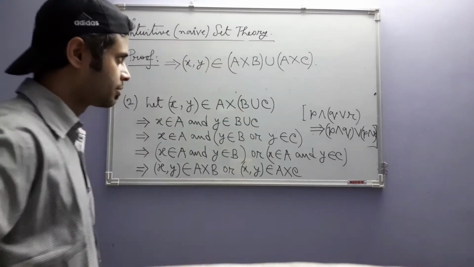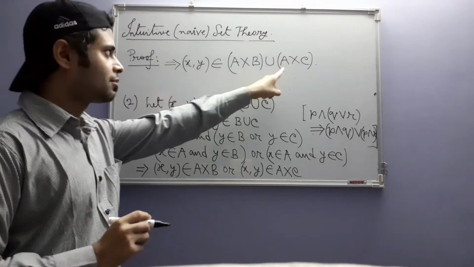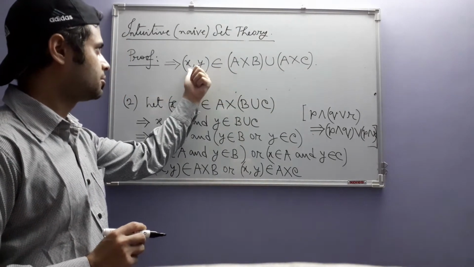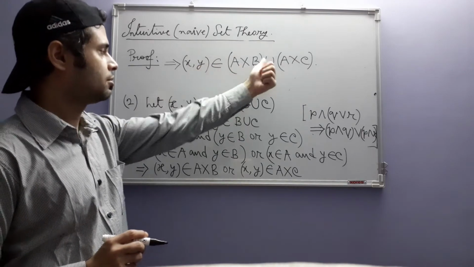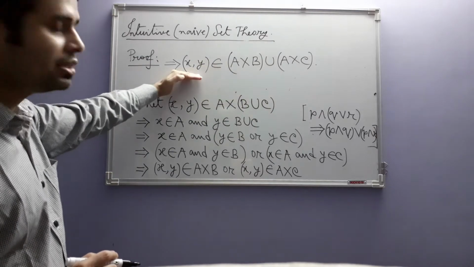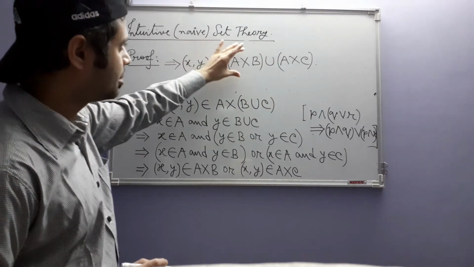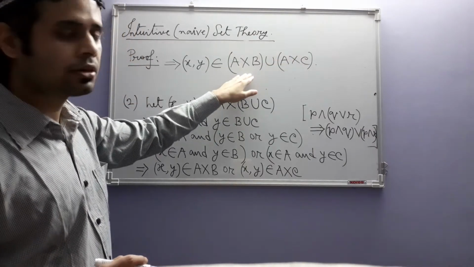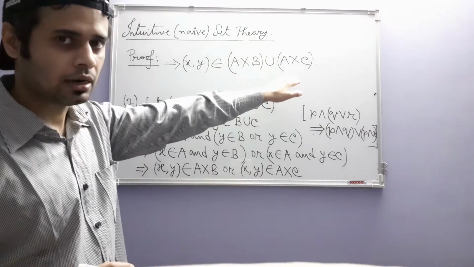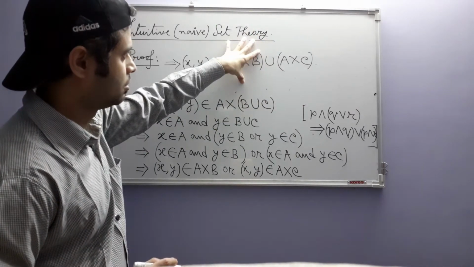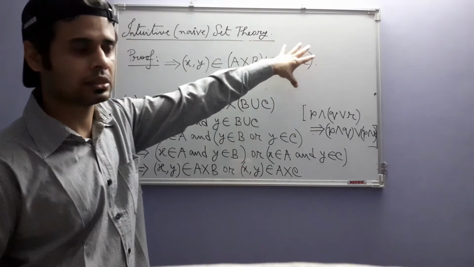So we can now start from the end point. Suppose I have assumed that this ordered pair (x, y) belongs to this, which means what? This is an element in a union of two sets. Forget for a moment that these two sets are Cartesian products. This is just some set, and this is some other set.